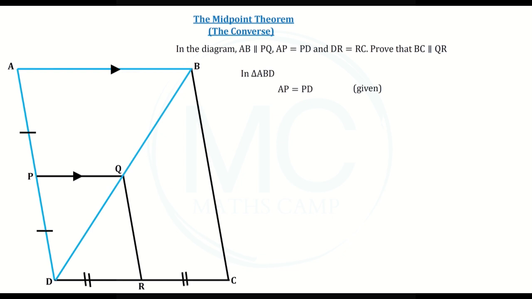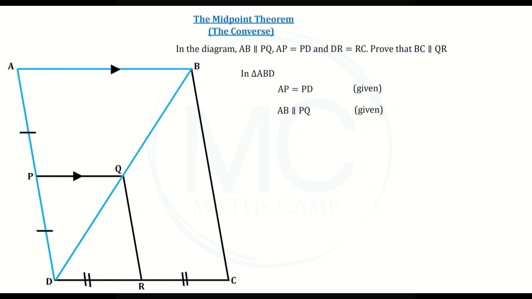We also know that AB is parallel to PQ. And again, we use given as our reason. The converse midpoint theorem states that the line drawn through the midpoint of one side of a triangle parallel to another bisects the third.